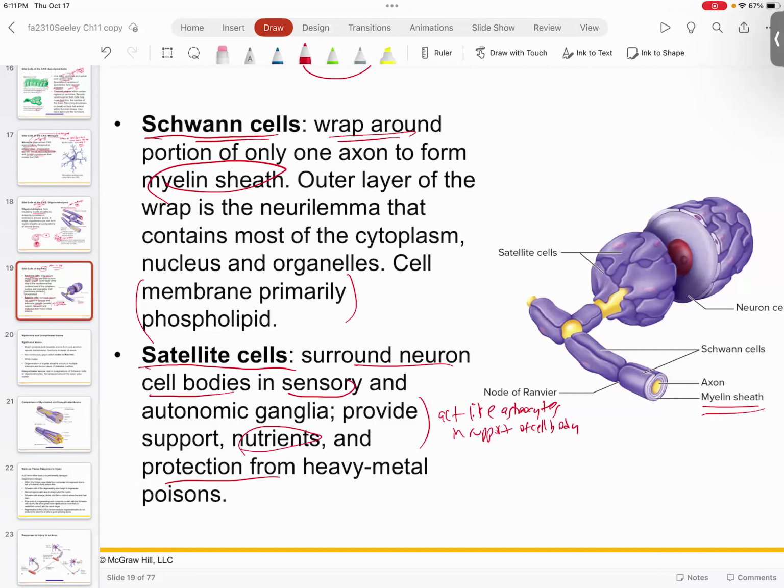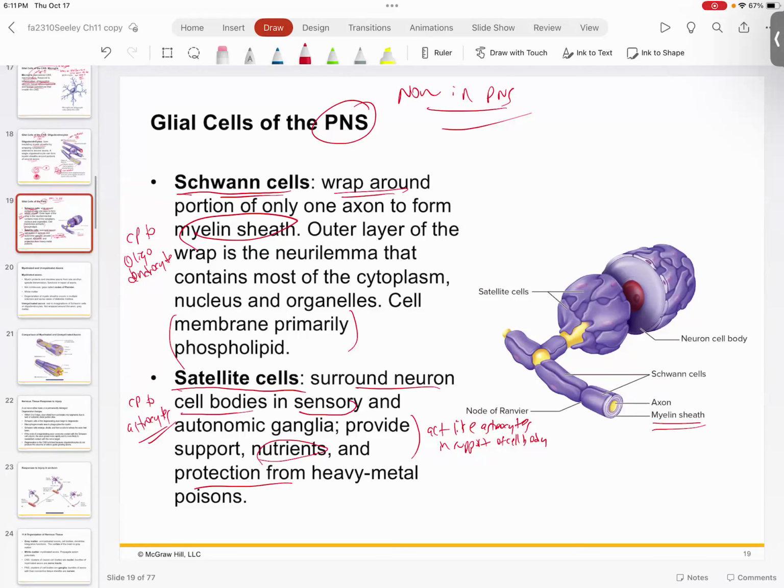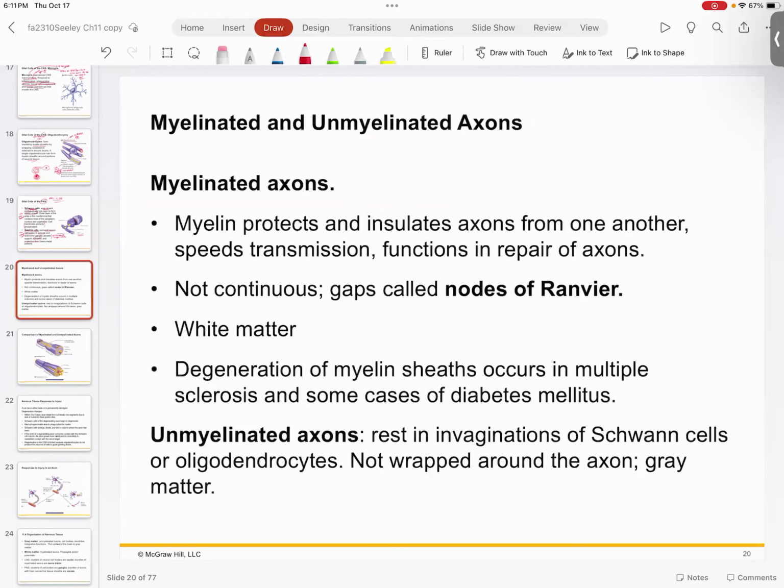So if I want to put a CP on these guys, I would say CP to oligodendrocytes. And this one CP to astrocytes. So this is an example of two structures that have synonymous roles, but in the central nervous system versus the peripheral nervous system.